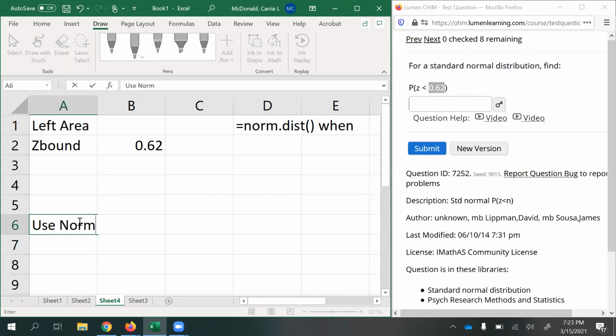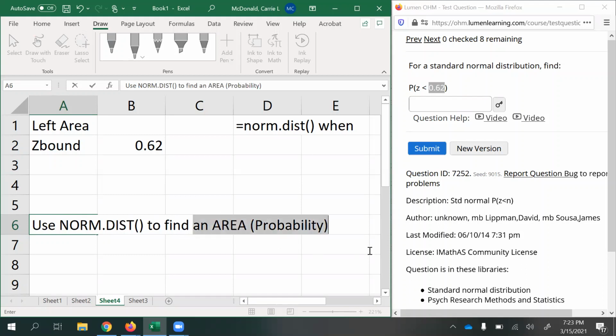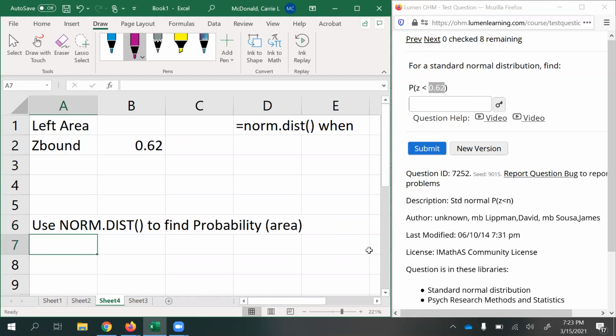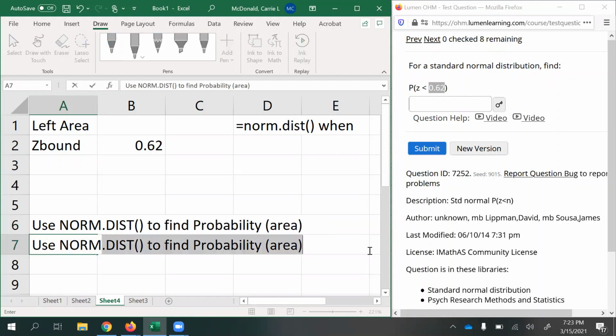Use NORM.DIST to find an area, or in other words, a probability. Or you could say it the other way around, to find a probability or an area under the normal curve. Use NORM.INV to find a boundary from a known area.